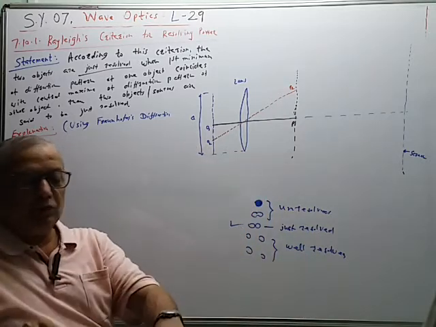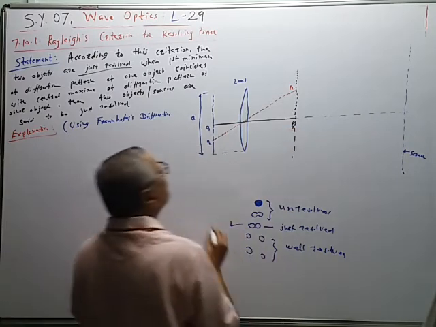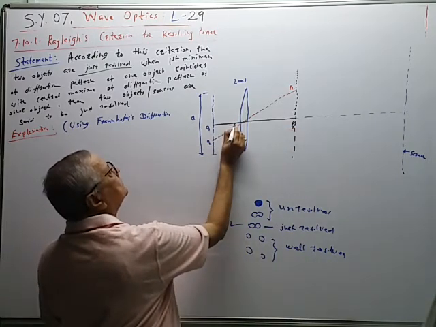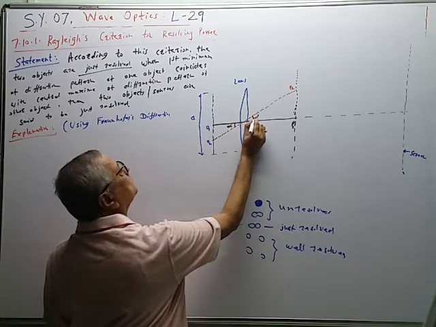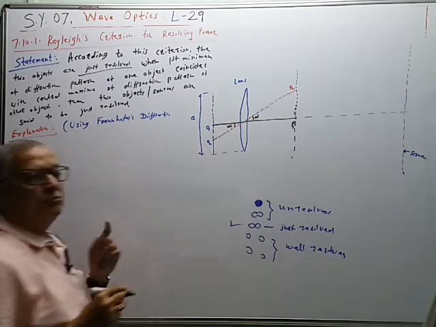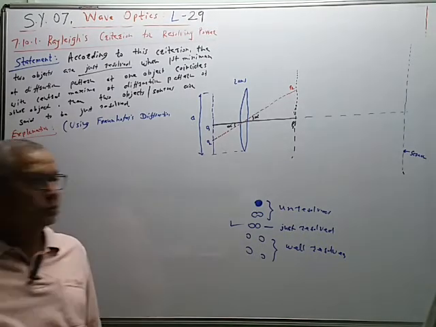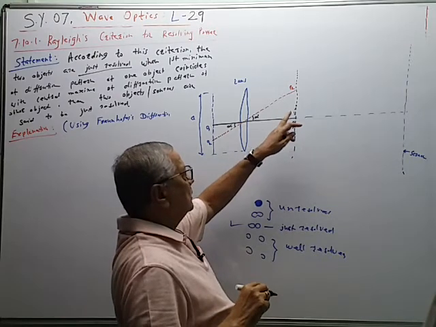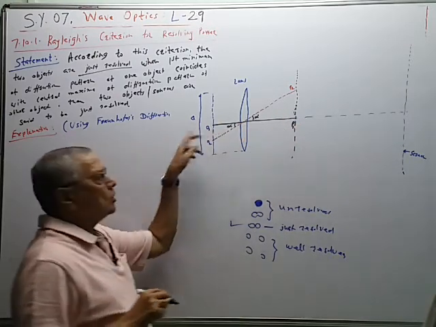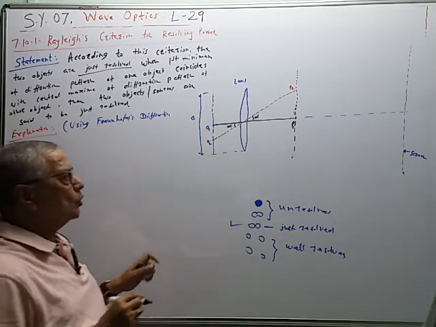So P1 and P2 are the images formed. If this angle is alpha, then this is also alpha, because they are vertically opposite angles. So P1 is the diffraction pattern of the object O1 and P2 is the diffraction pattern of object O2.